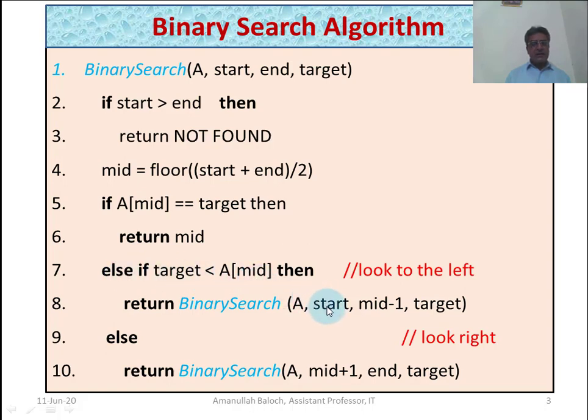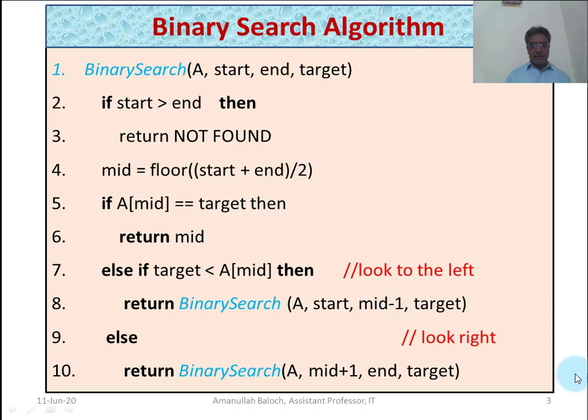Then the computer will call the binary search algorithm again and send the array A, its starting index, and mid minus 1, that is 50,000 minus 1, which becomes 49,999.